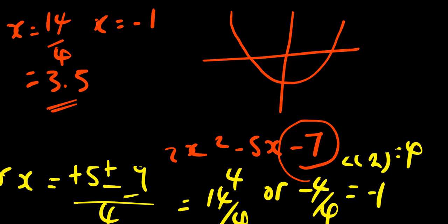So this would be negative 7 here. Then we found our x to be negative 1, so negative 1 will be here. Then we found x to be positive 3.5, so 3.5 will be on the other side here. There's a turning point somewhere, but we're not really interested in finding the turning point.